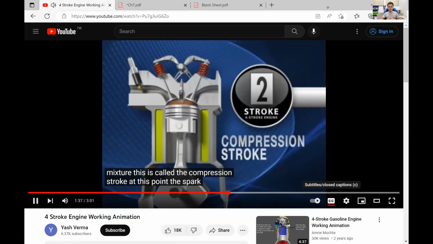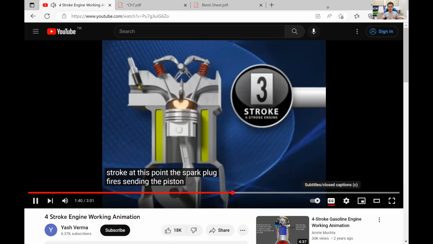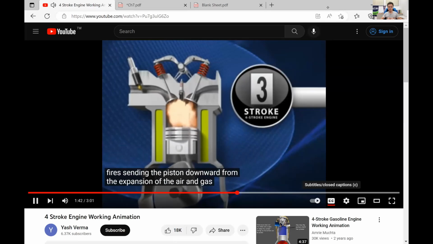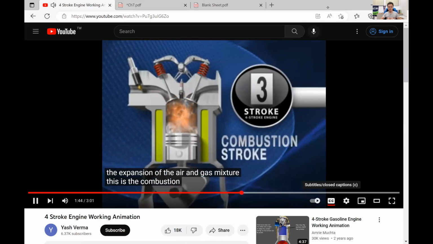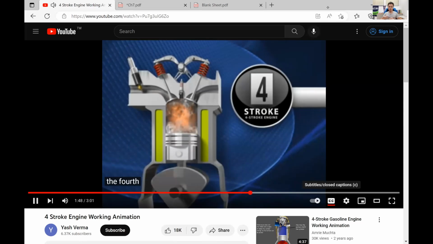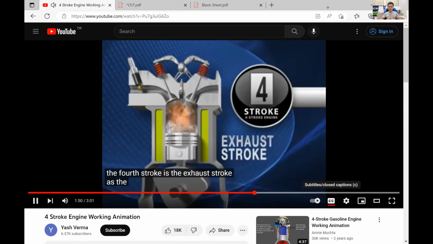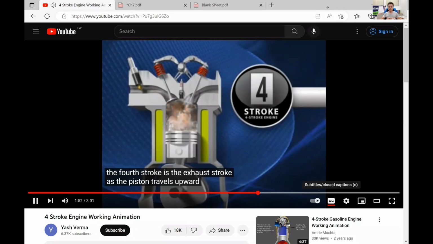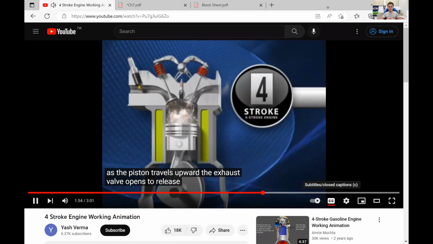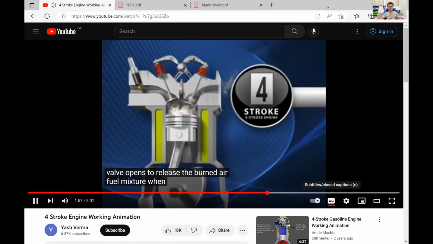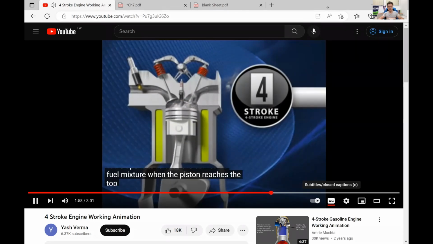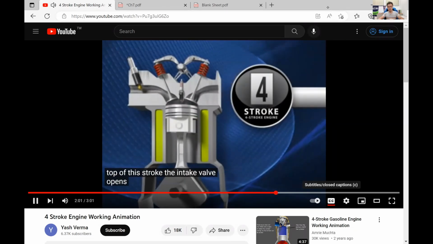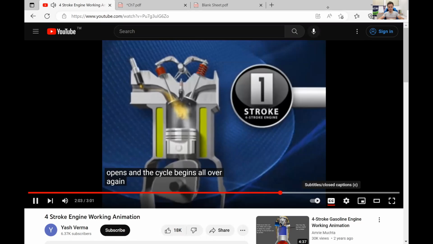At this point, the spark plug fires, sending the piston downward from the expansion of the air and gas mixture. This is the combustion stroke. The 4th stroke is the exhaust stroke. As the piston travels upward, the exhaust valve opens to release the burned air-fuel mixture. When the piston reaches the top of this stroke, the intake valve opens and the cycle begins all over again.